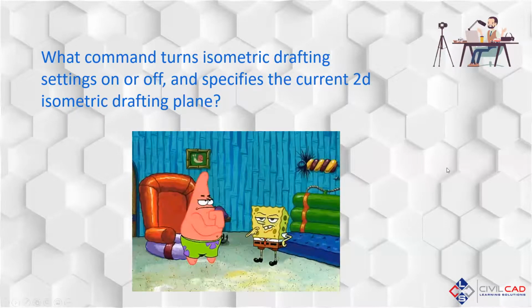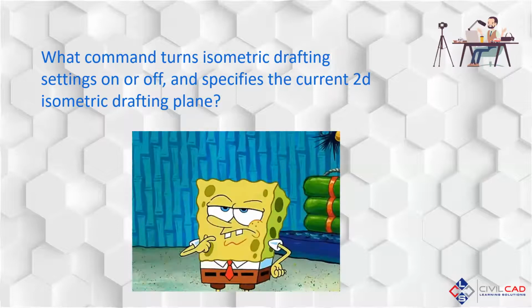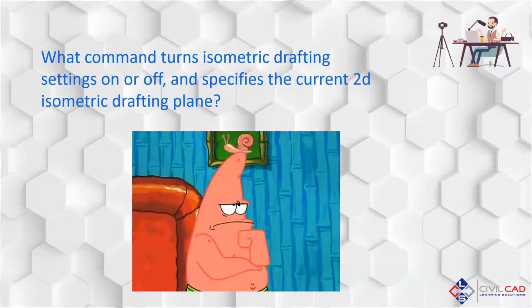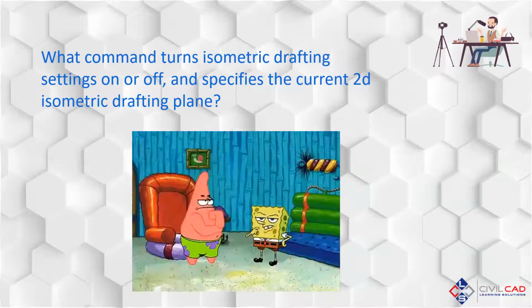What command turns the isometric drafting settings on and off and specifies the current 2D isometric drafting plane? Any more guesses?